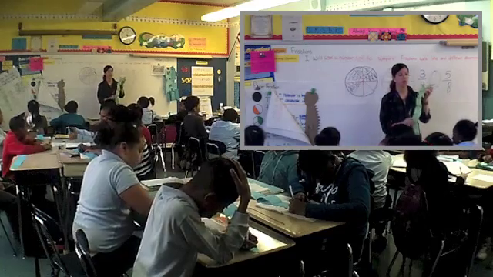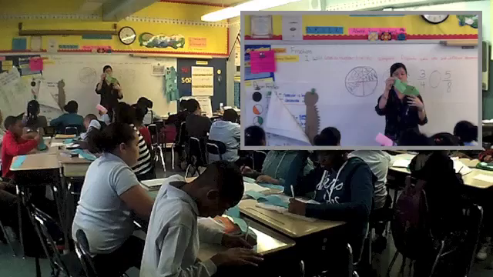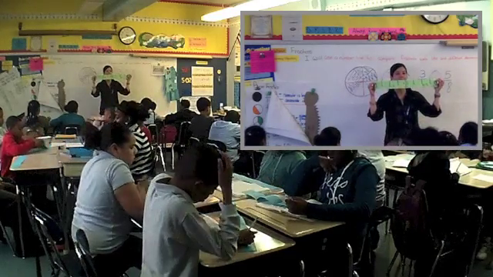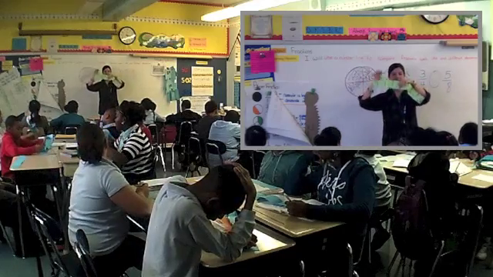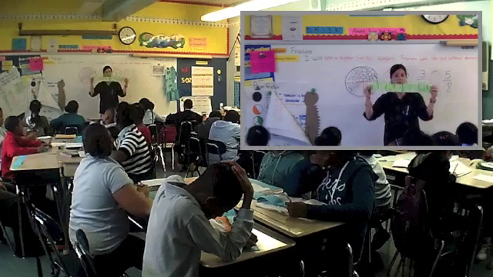Okay. The first thing you were supposed to do is take it and fold it in half because you're finding the halfway mark. You opened it up, you wrote half on the halfway mark because it's halfway between 0 and 1 or 1 and 2. It's half of your paper.